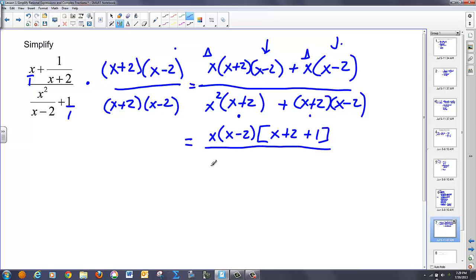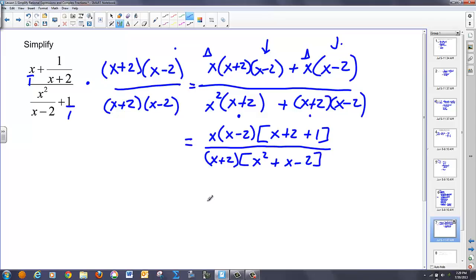In the denominator, you notice I have the x plus 2, so I'll pull that out, leaving me with x squared plus x minus 2.